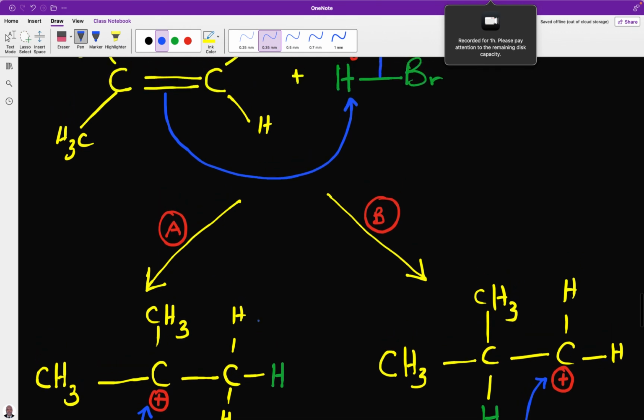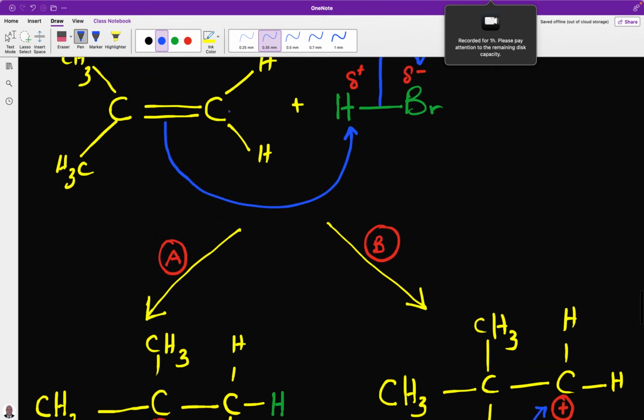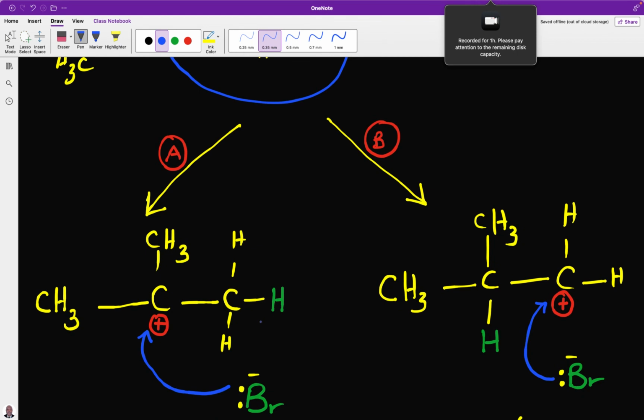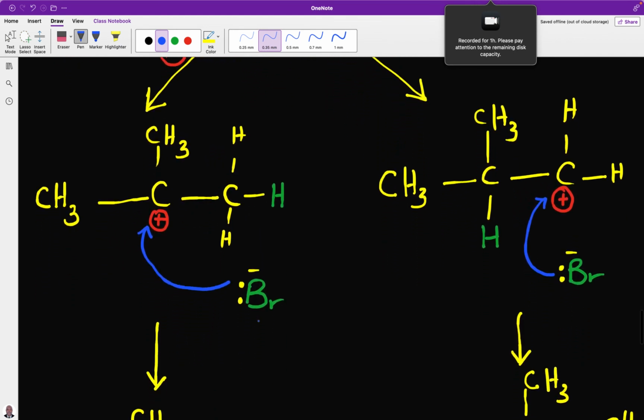It could attach itself to this carbon atom here, or here. If it attaches itself here, A is our product. If it attaches itself here, B is our product.